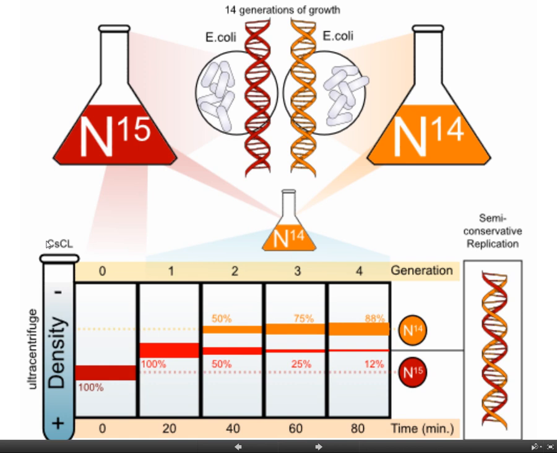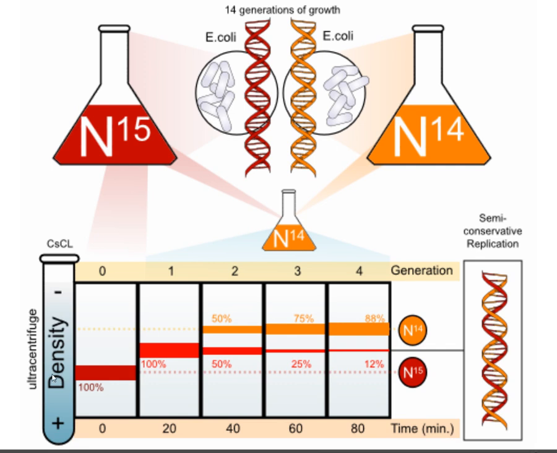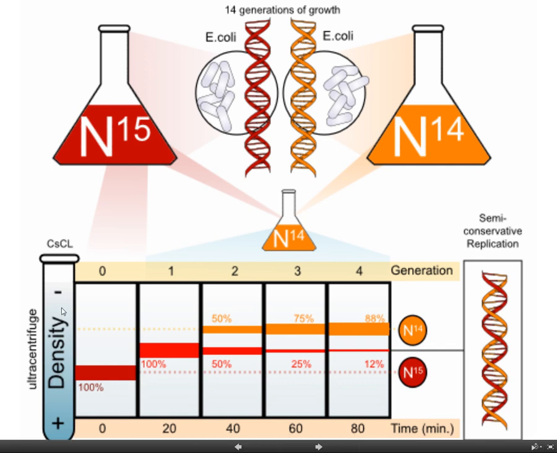Now this one wasn't sucrose, I can't quite remember off the top of my head what it was, but they set up a density gradient, a fluid where it gets denser as you go further down the tube, placed some of the bacteria in it, and then spun it in a centrifuge. And so the density or the molecular weight of the bacteria, or their DNA rather, would determine where that DNA would be found. So they started off.